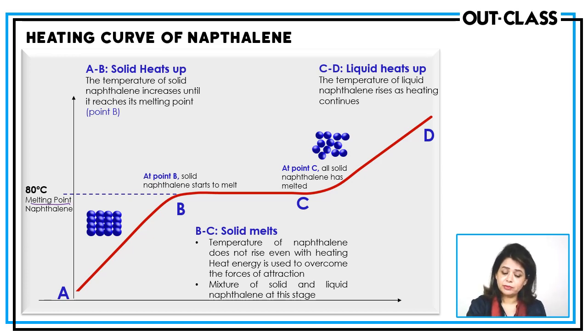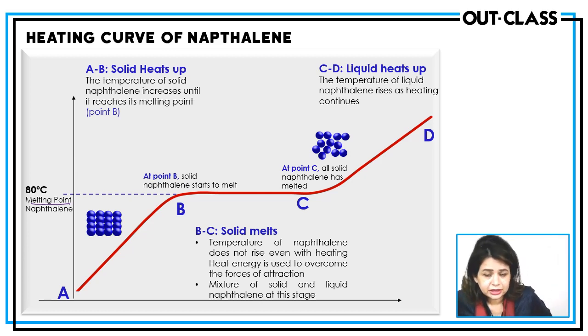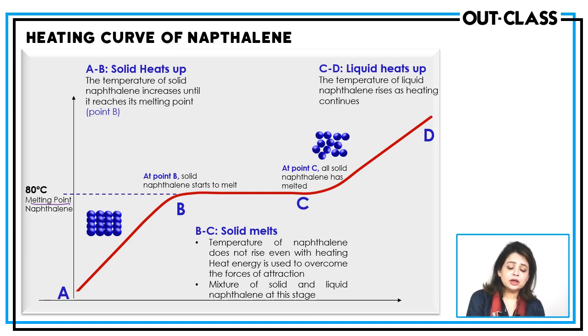And remember, how do we recognize the melting point in a heating curve? The fixed temperature. जो भी instead of increasing, जब temperature fixed हो जाए, that fixed temperature is the melting point. So from B to C, it's the melting point. And from B to C, two states of matter are coexisting. What are these two states?